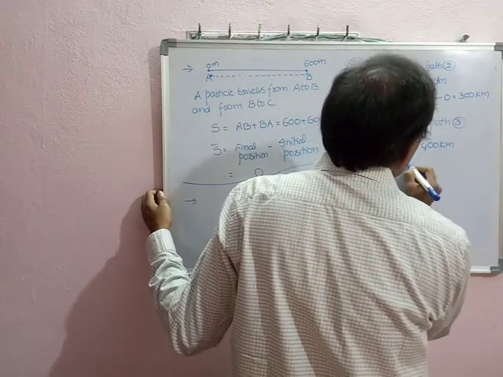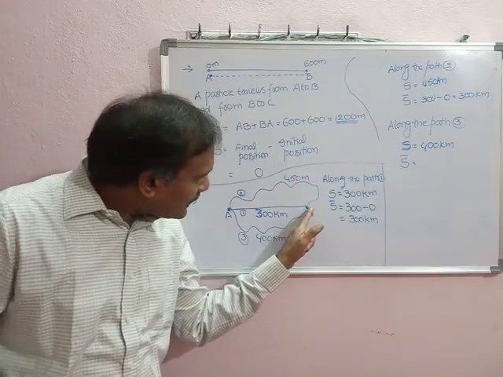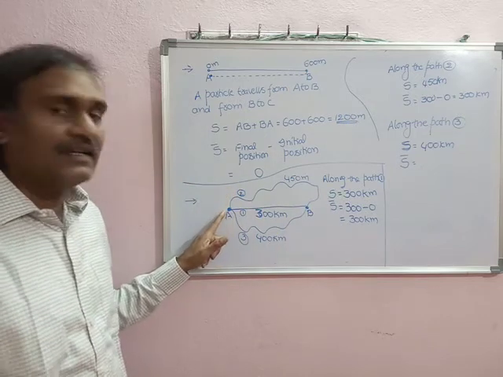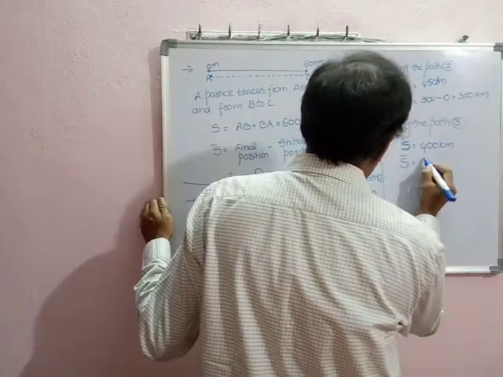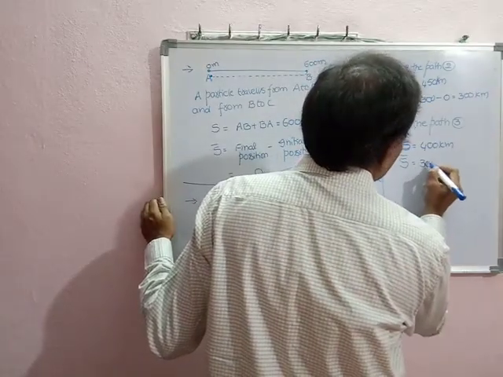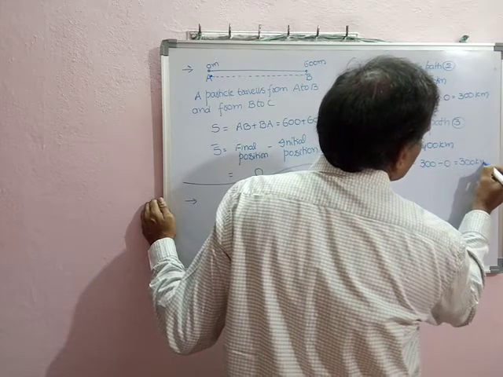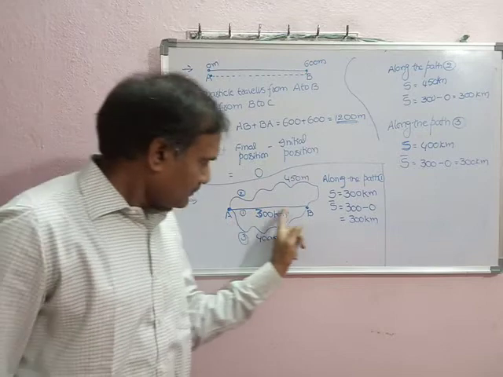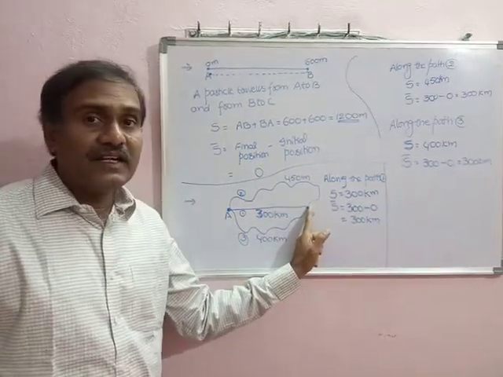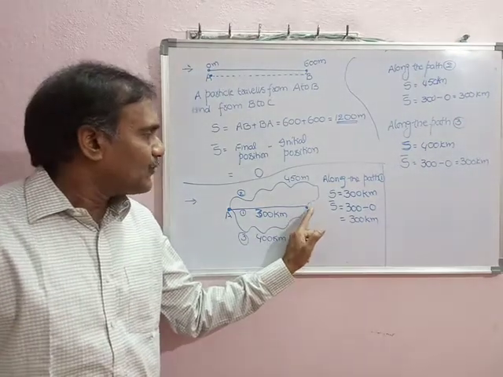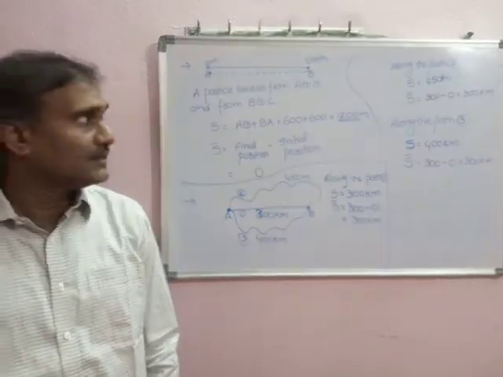Now, displacement covered by the particle: this is the final position and this is the initial position. Therefore, it is 300 minus 0, which is equal to 300 kilometers. Its initial position is 0 and its final position is 300 kilometers. Therefore, final position minus initial position is equal to 300 kilometers.